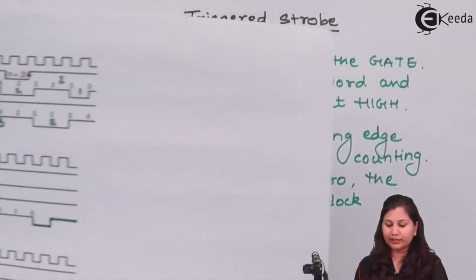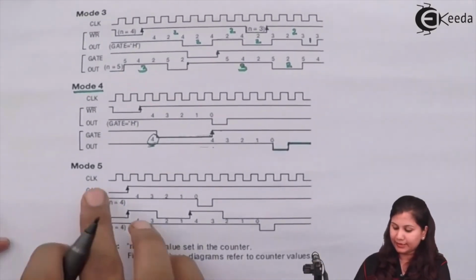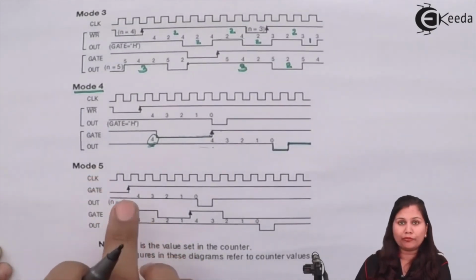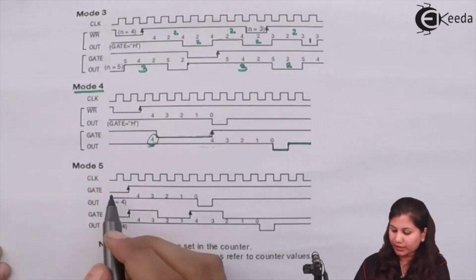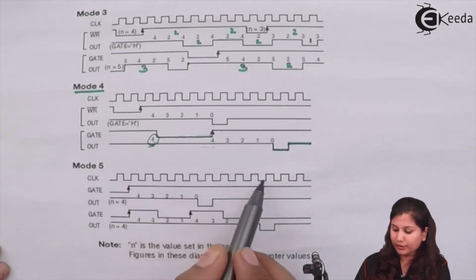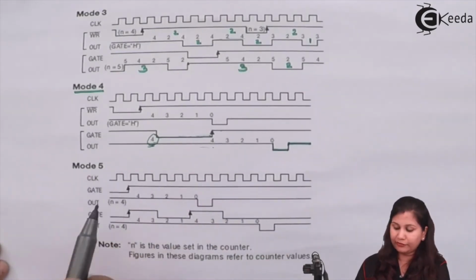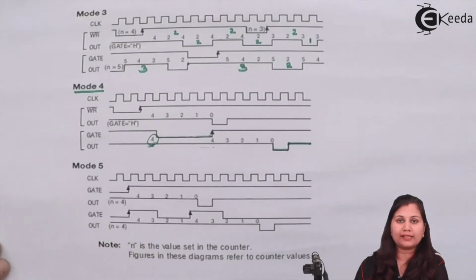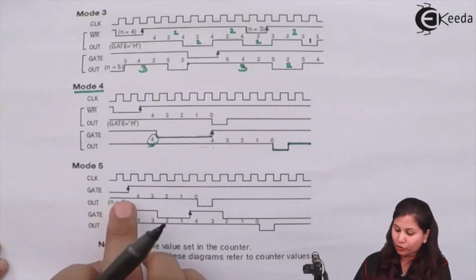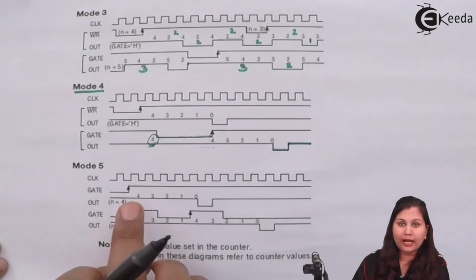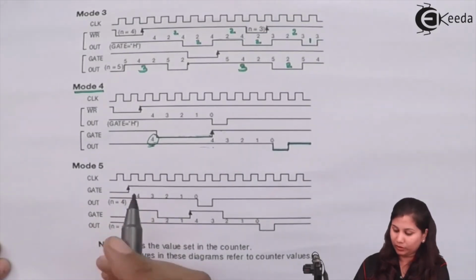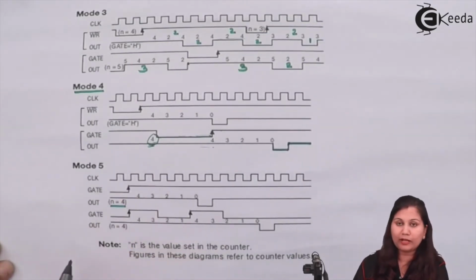You can see in the timing diagram here, this is the timing diagram for mode 5, showing the status of all the signals. Here we have the clock signal, then the gate signal, and in mode 5 the gate signal is used as the triggering input. When the control word and count are loaded into the counter, here we are using the count value 4.